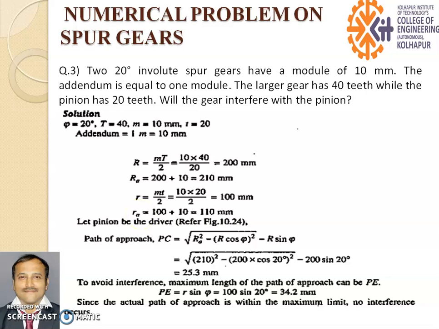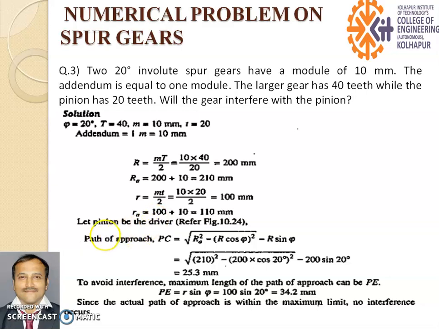So path of approach PC is equal to the square root of RA squared minus R cos phi squared, minus R sin phi. So path of approach PC is equal to 25.3 mm.